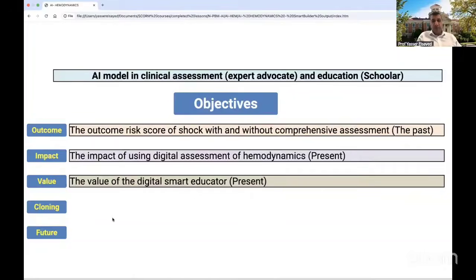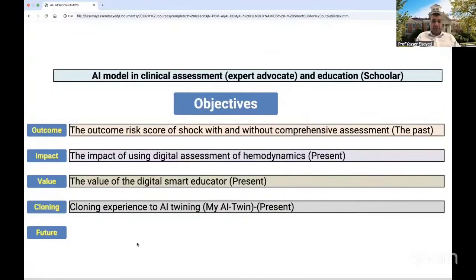And also, I will show you during the presentation how to use a digital smart educator, which we already started using in the previous workshop that we conducted in Winnipeg 2 weeks ago. Cloning, which is what we are working on now, is almost similar to the idea that Dr. Khorshid mentioned about how to make the AI, ChatGPT or whatever other platform, make another version of myself.